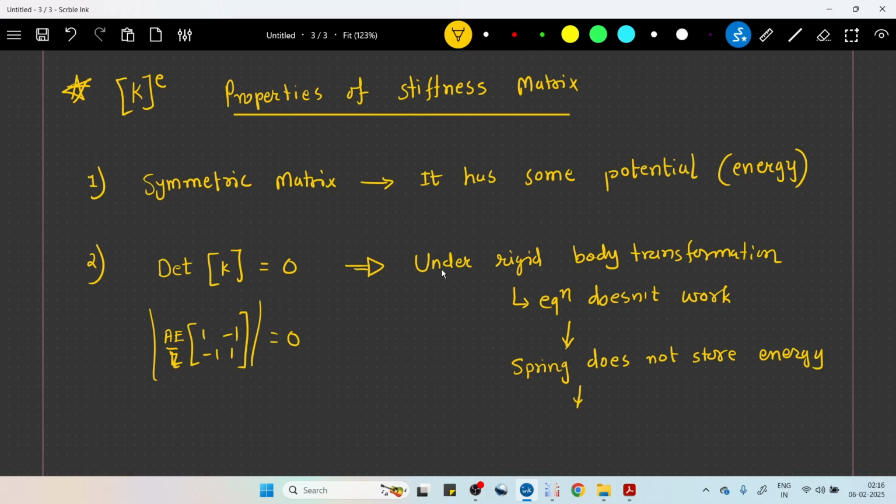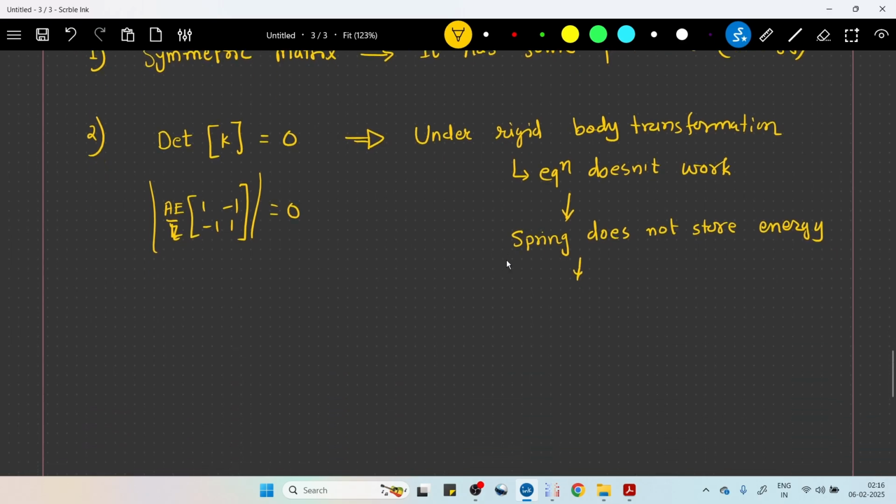And if it doesn't store energy, that means it doesn't displace, or it doesn't deform. So under no deformation, the spring cannot produce any stresses and strains. We don't get any stresses and strains under rigid body transformation. Let's try to understand it with an example.